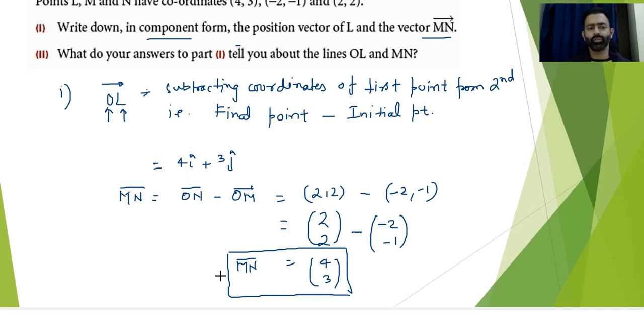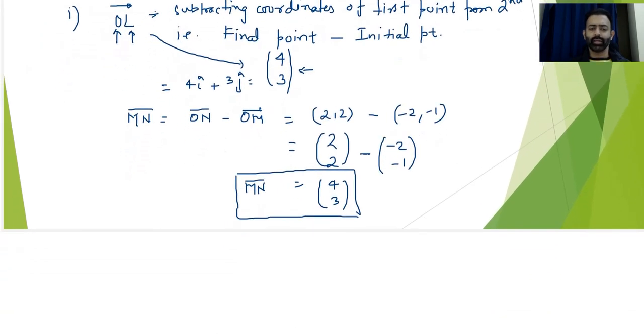So the second part says: what does your answer to part 1 tell you about the lines OL and MN? As you can see, the position vector OL, if I write it in column form, can be written as 4 and 3. This is the component form and this is the vector or matrix form, 4 and 3, and again MN is also 4 and 3. So I can say that vectors OL and MN are parallel.